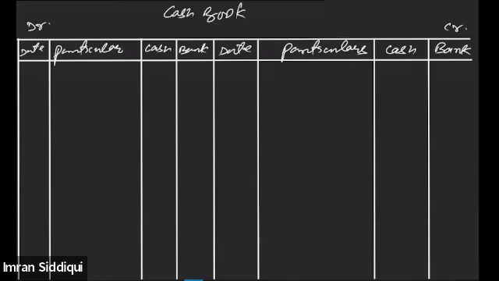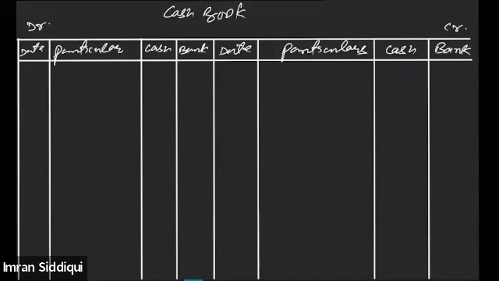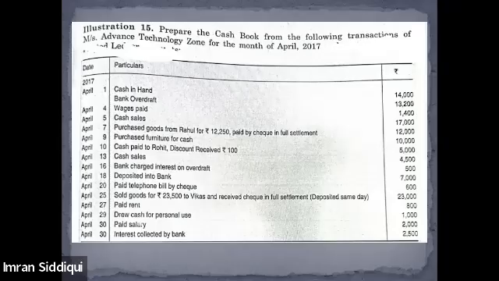Okay. So the first information which is given in the question will be considered as the opening balance on 1st of April. To balance BD, cash balance is 14,000.